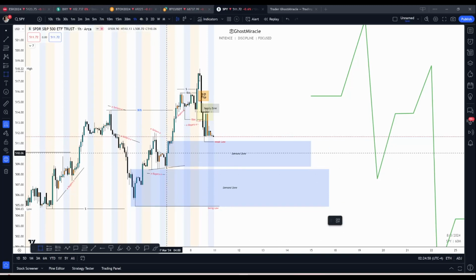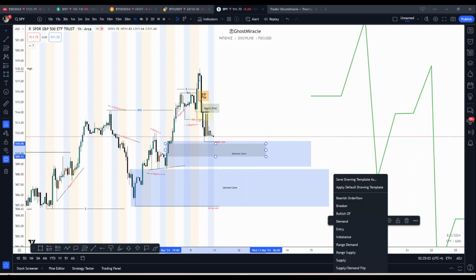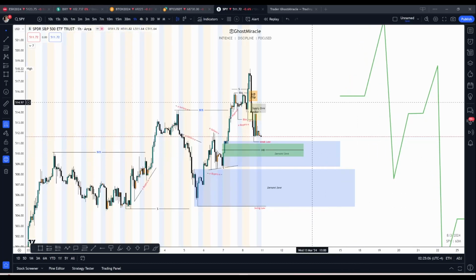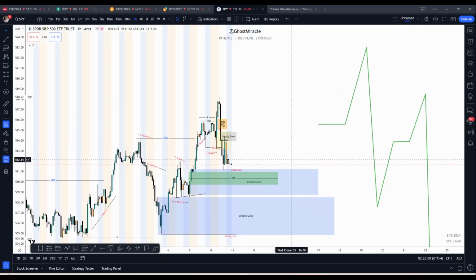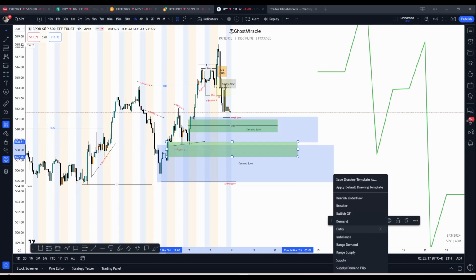and then imbalance here. So you got buy side imbalance, which is good. Looking for buys. So you got your buy side imbalance here and here.